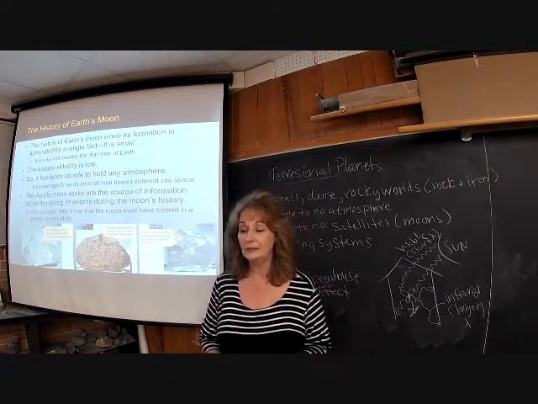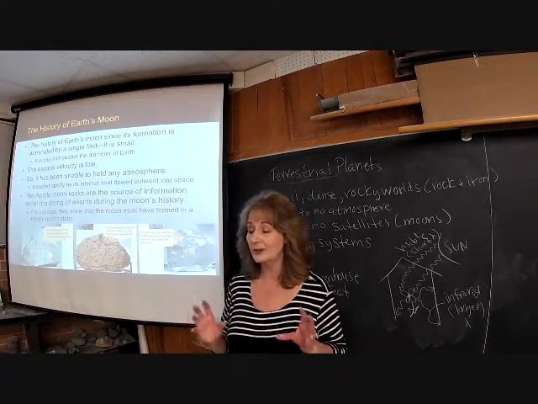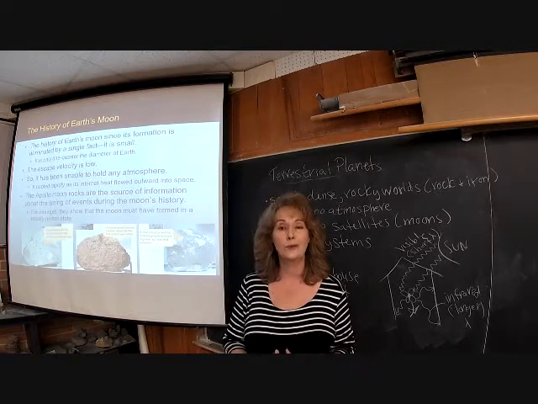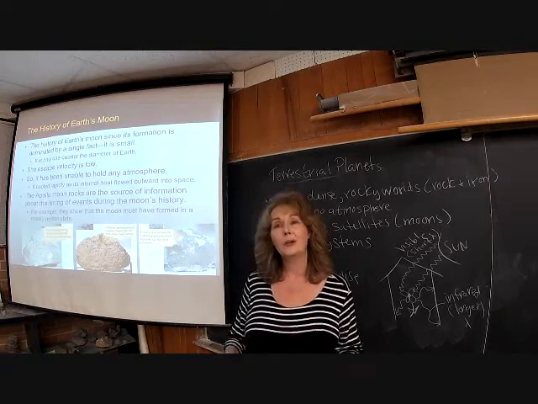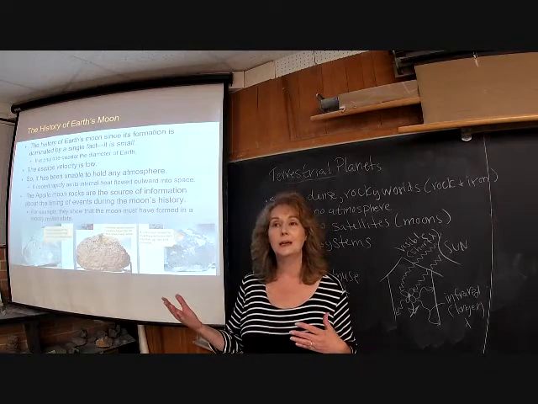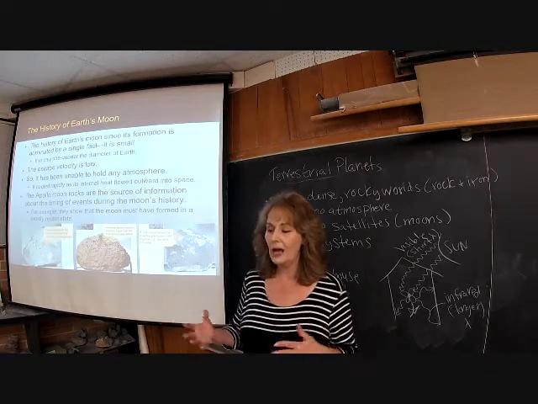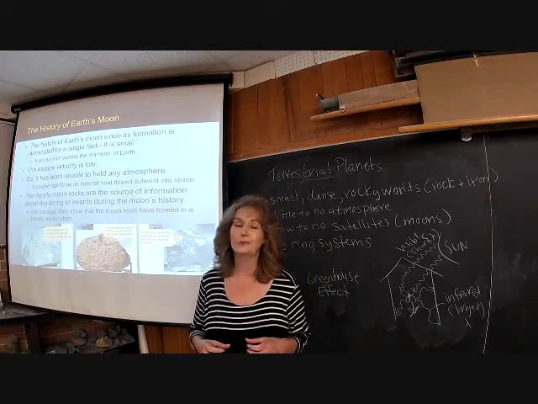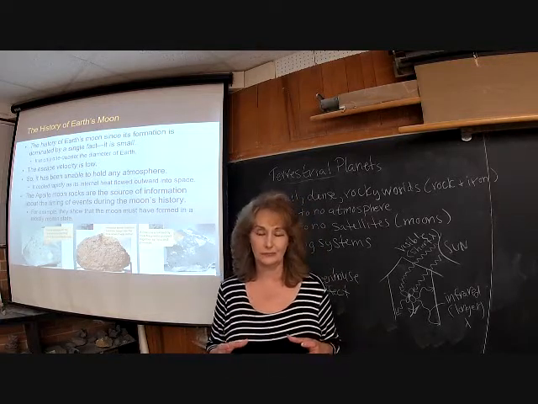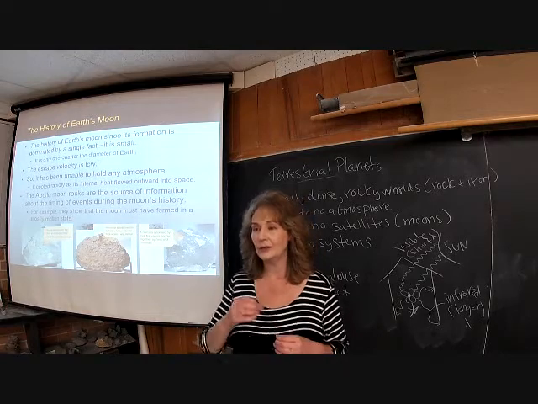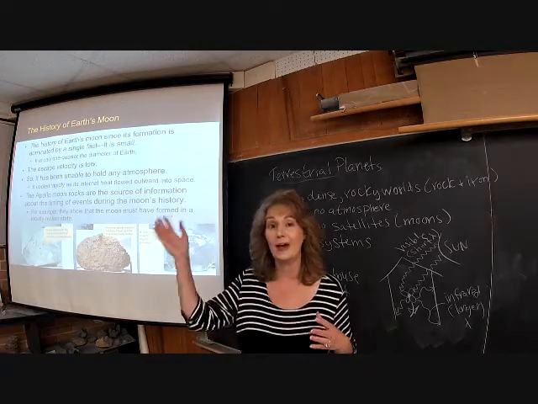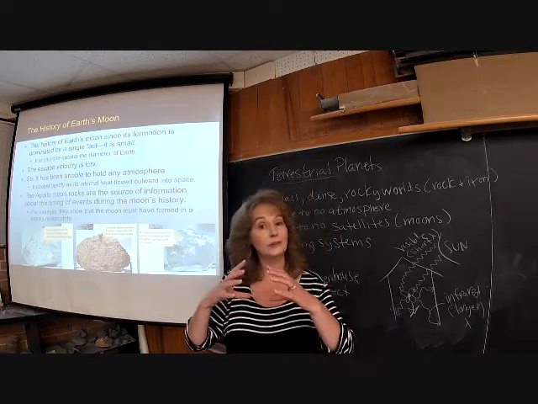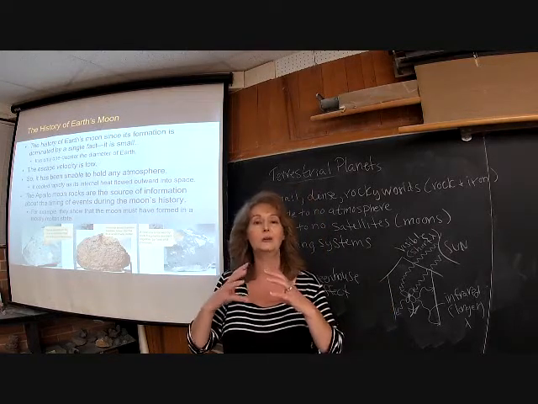Okay, so the moon's very small. It's only about 1/4 the size, the diameter of the Earth. And so its escape velocity is very low. So it's been unable to hold on to its atmosphere. Things like hydrogen and oxygen buzz around too fast, and gravitationally it can't even hold on to those.